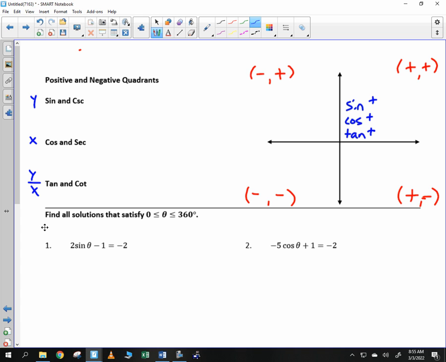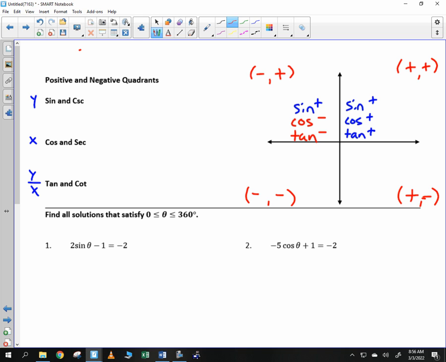Is sine going to be positive or negative in the second quadrant? Positive. How come? Because the y value is positive. How about cosine, positive or negative? How come? Because the x is negative, so cosine is negative. How about tangent? Tangent is negative as well, because if you take a positive divided by a negative, you get a negative.